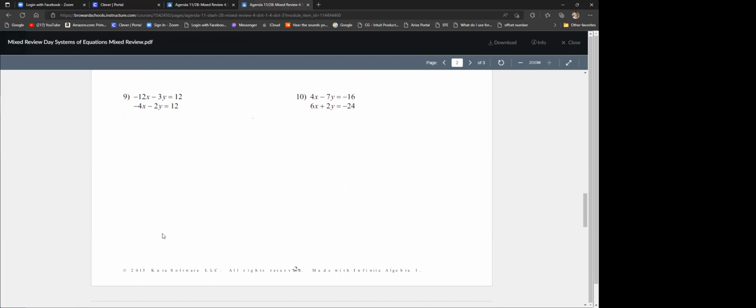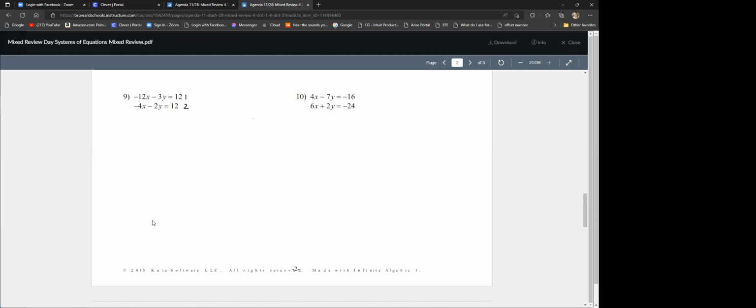Equation 1, equation 2. What are we going to do with the coefficients? Combine them. Match them up. Either let them be the same number, 5 and 5, or let them be the same number with opposite signs. So 5 and -5, for example.